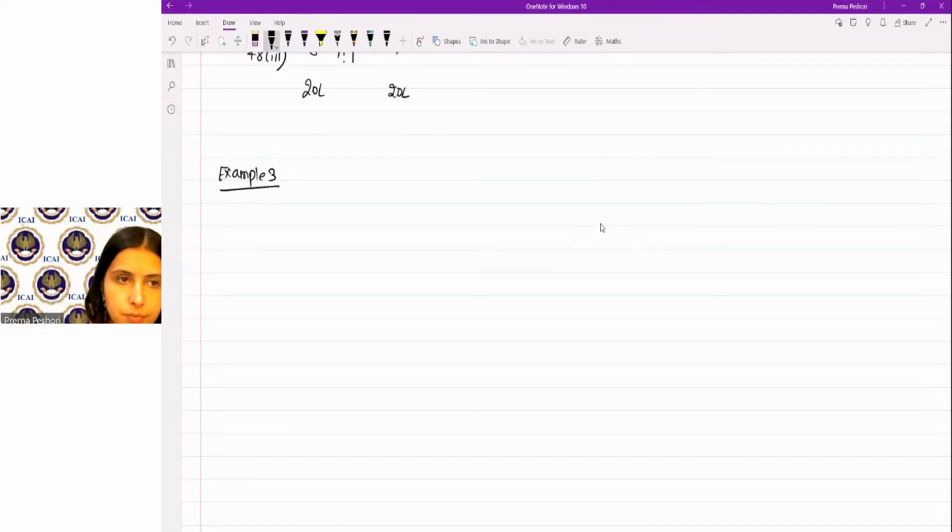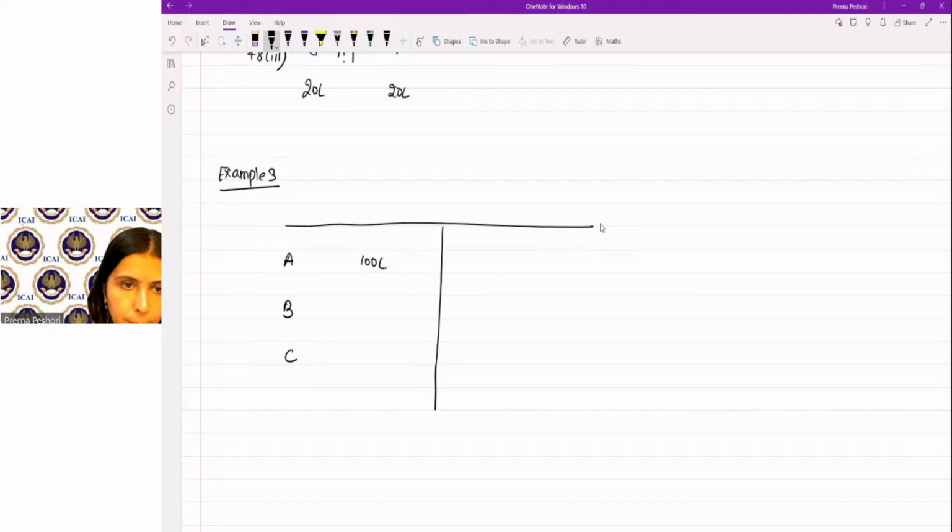Let's assume 3 partners A, B, and C with capital of 100 lakhs, and 1/3 share each. There is a piece of land S, book value is 30 lakh.